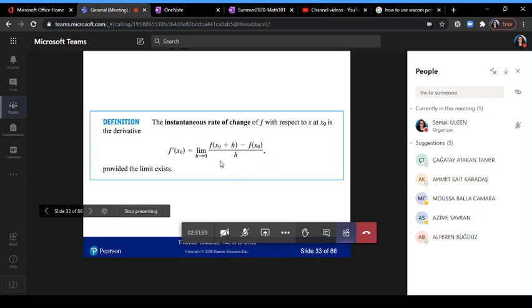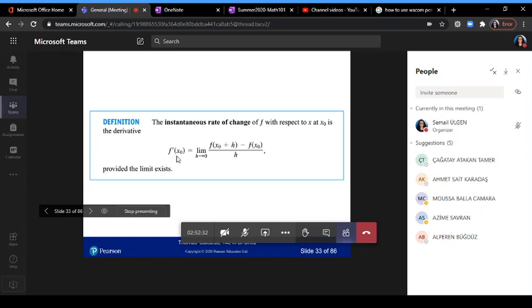And if you take the limit as h goes to 0, you get the instantaneous velocity like that. Similarly, we are going to look at this as rate of change of f, and then we let h go to 0, and we are going to call this instantaneous rate of change of f. So it's just a general version of average velocity and instantaneous velocity. Okay? So that's the definition.